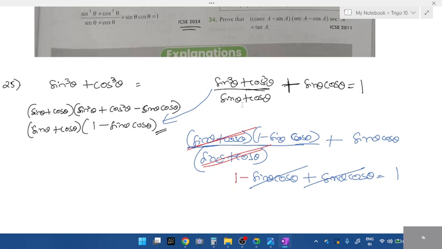Okay. A cube, b cube. So you can expect a cube minus b cube. Square root questions.